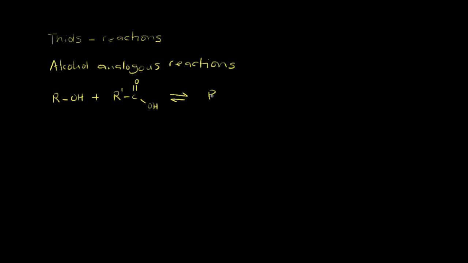So the general reaction shows that if we react alcohols with acids, we get an ester plus water. This normally takes place in the presence of an acid catalyst, just to accelerate the reaction, because the kinetics are not terribly favourable in these reactions.